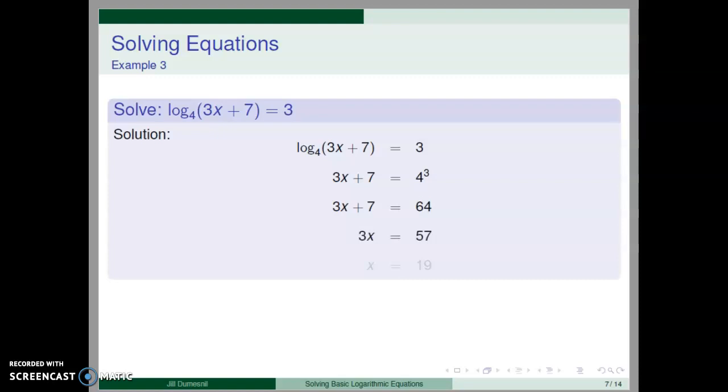We could subtract 7 from both sides and divide by 3 to see that x equals 19. Plugging x equals 19 into log base 4 of 3x plus 7 gives us log base 4 of 57 plus 7, or log base 4 of 64, which does indeed equal 3.